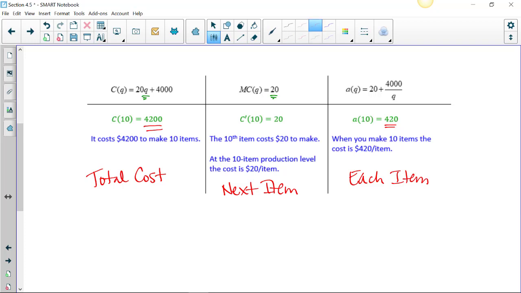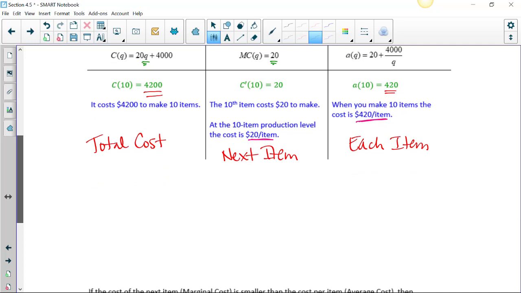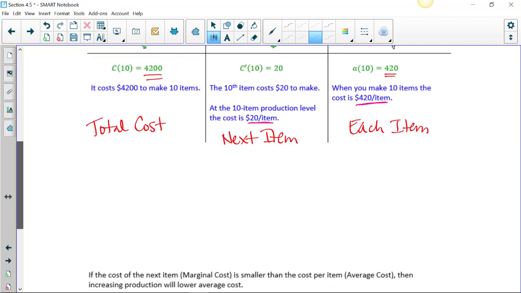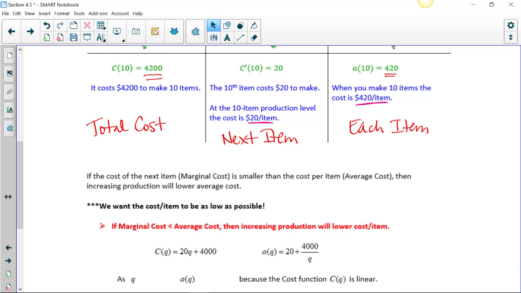If I say, okay, if I'm at the 10 item production level, the next item is costing me $20. Okay, my average cost per item at that production level is $420. So I can see that my marginal cost is less than my average cost at that production level. So producing another item is going to then lower my average cost.